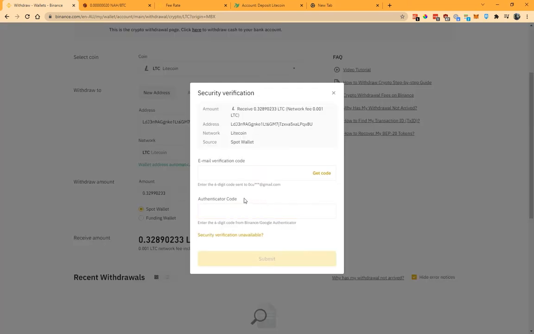And then click continue. Now, I've got an auth code set up, but sometimes it will show you this for transactions, other times it won't. But we want to now get an auth code here. So I'm just going to do this. Right, once we have our email verified and our auth code, we click submit, and we'll check those.